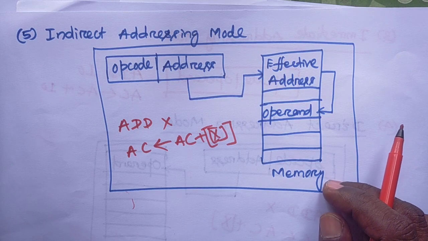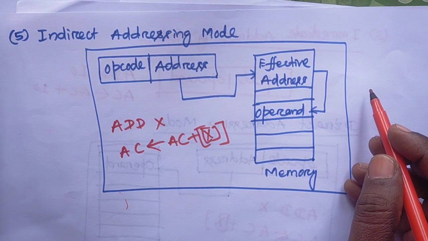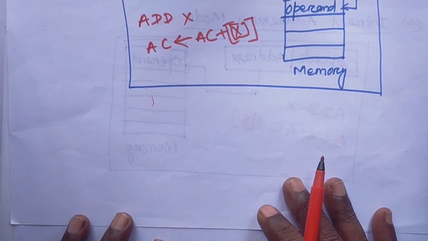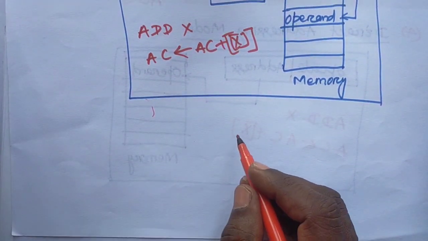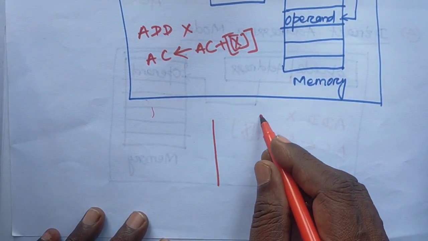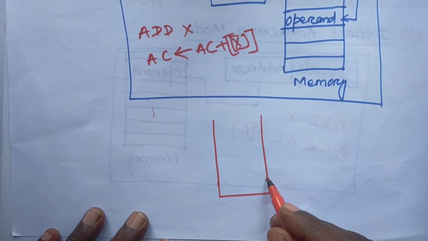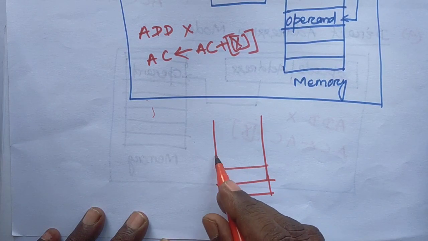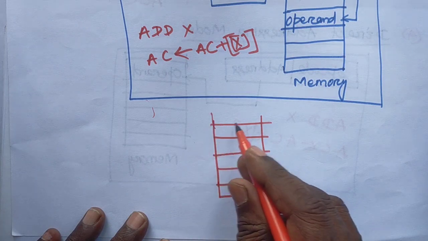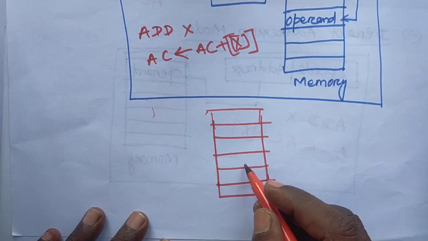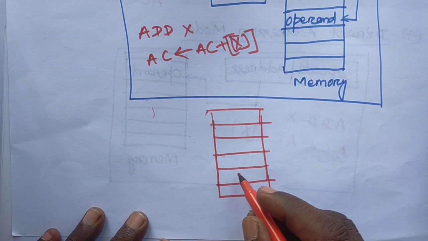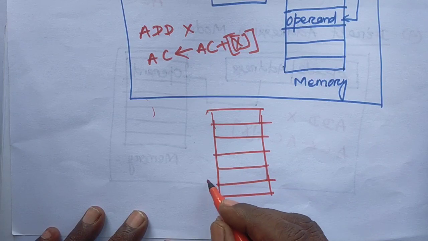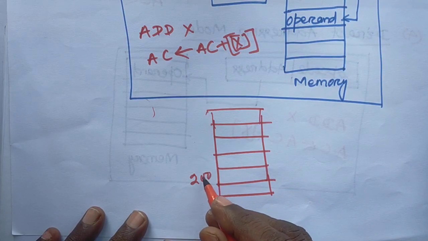Okay, so a very simple example you can take here, no problem. I will show you. Suppose a pointer is searching some data at a different address, a very simple way we can define. So here what happens, suppose here is 200.